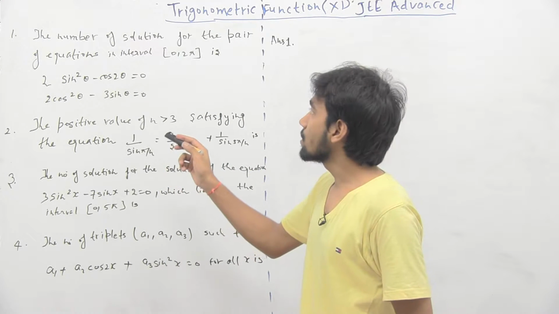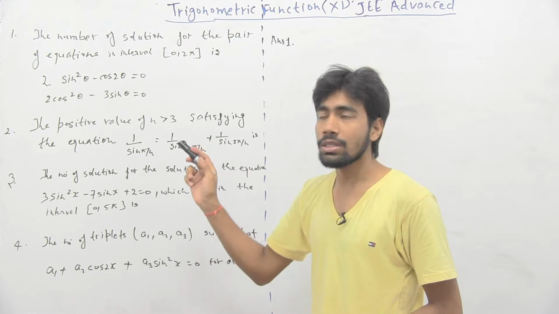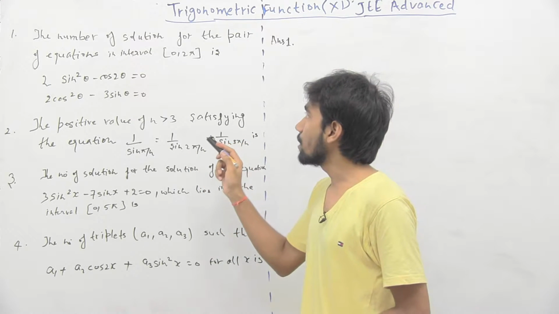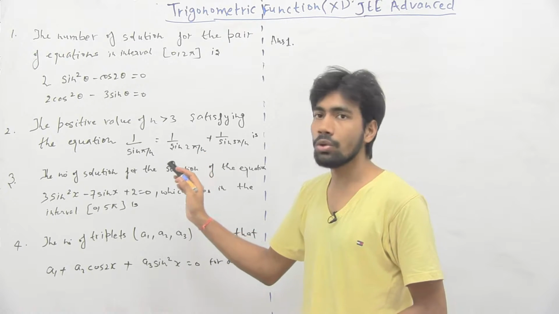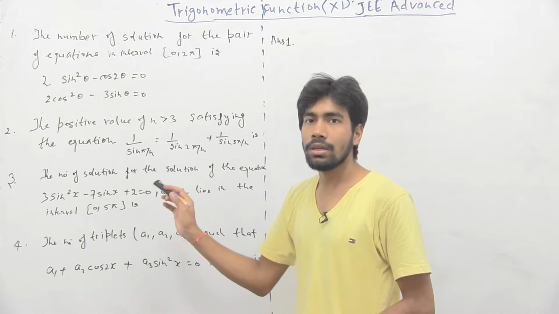The first question asks the number of solutions for the pair of equations in the interval 0 to 2 pi, and the equations are given: 2 sin square theta minus cos 2 theta equal to 0 and 2 cos square theta minus 3 sin theta equal to 0.